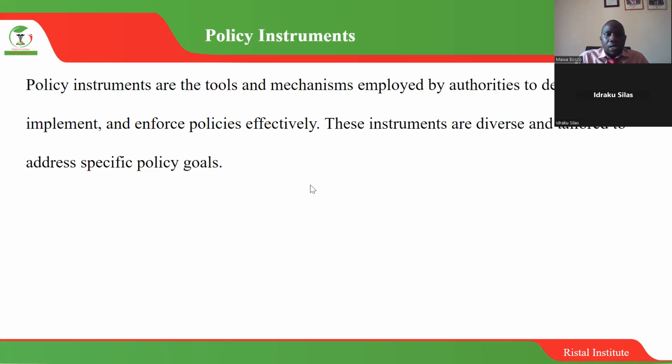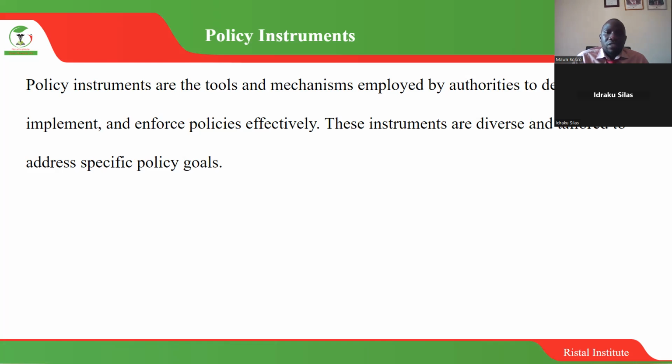So let's go and look at now what we call policy instruments, okay? And this actually relates to what we have just looked at. When we talk about policy instruments, we are referring to tools and mechanisms employed by authorities, we can say government, to implement and enforce policies effectively.